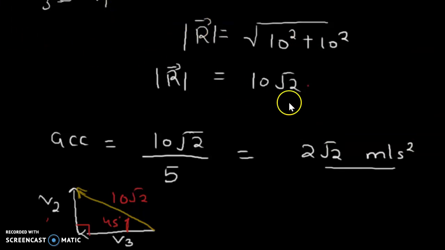The next thing is, we have discussed the graphical method for vector addition, and in that the first one was the triangle law of vector addition. The second one is the parallelogram law of vector addition.